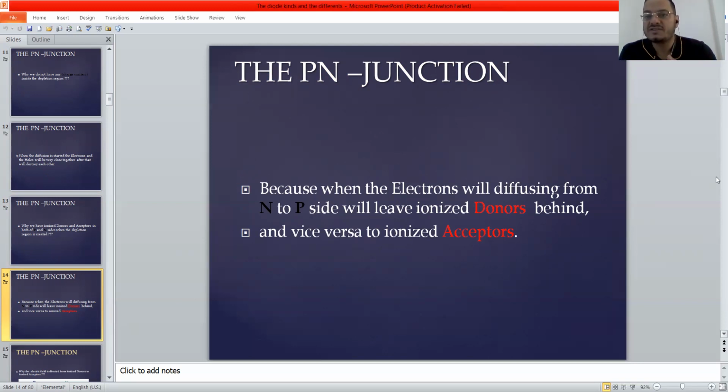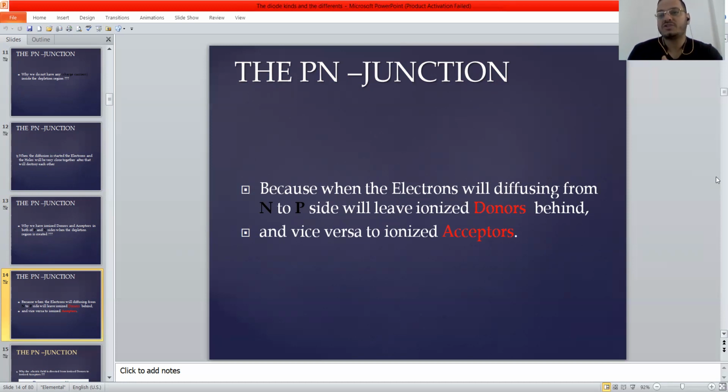That means because of the electron diffusion, we have donor ions near the n-type. And in the same situation, because of the hole diffusion, we will leave something behind.